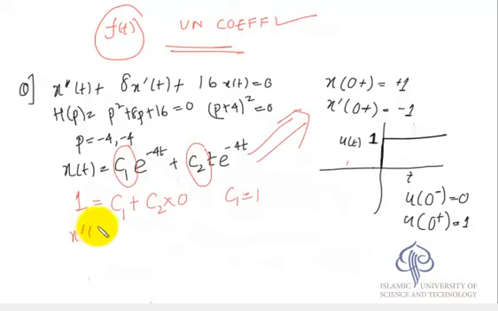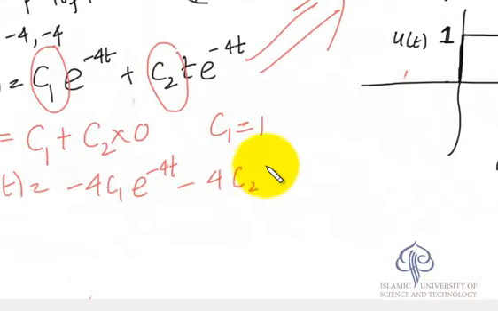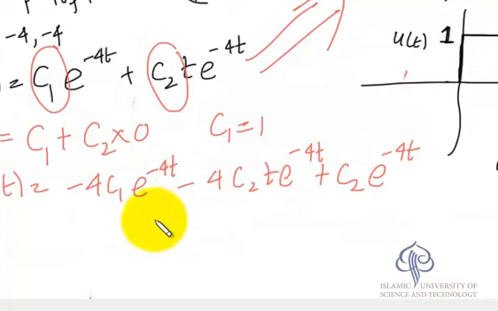x dash t is equal to minus 4 c1 e to the power minus 4t minus 4 c2 t e to the power minus 4t, which is the first differential, plus c2 e to the power minus 4t. Put in t equal to 0 plus in this.